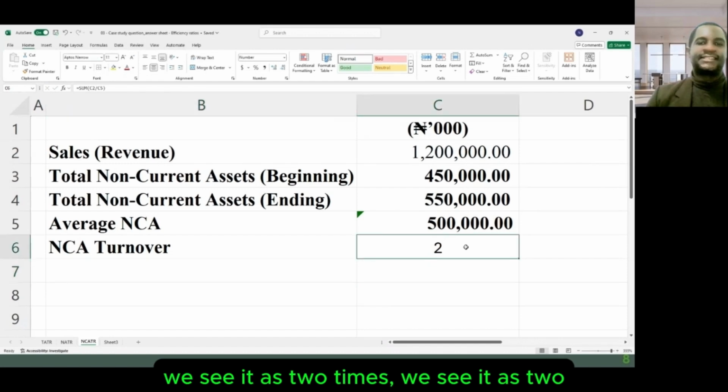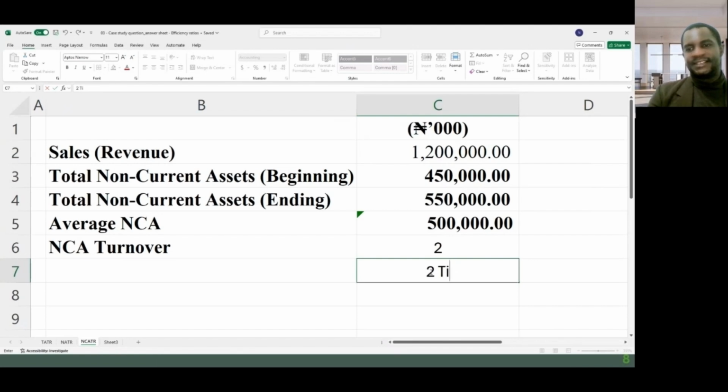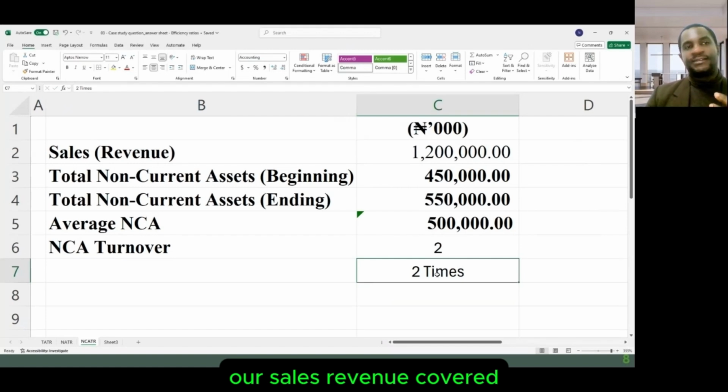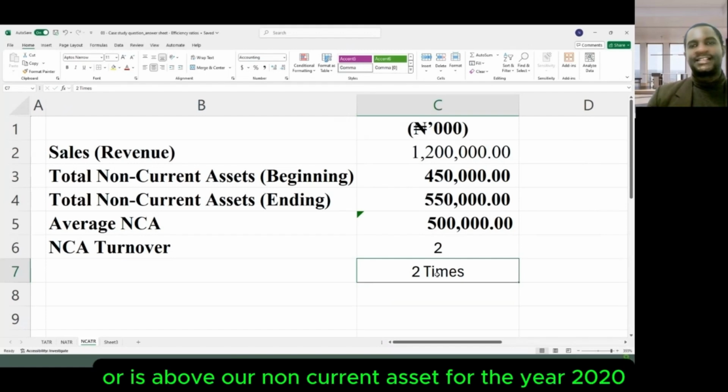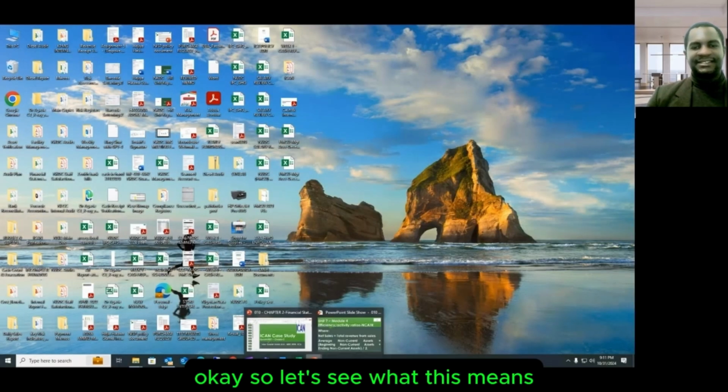See it as 2 times. So our sales revenue covered our non-current assets for the year 2020 twice, which is good. What could be better? Okay, so let's see what this means.